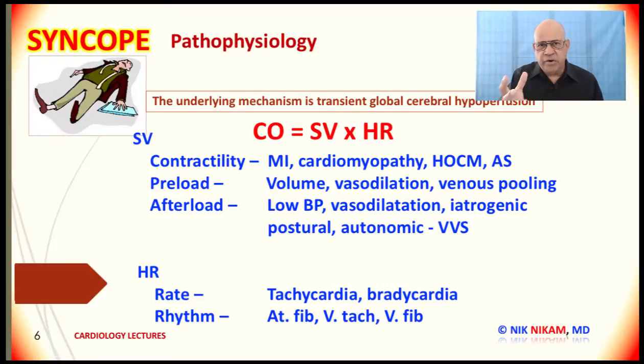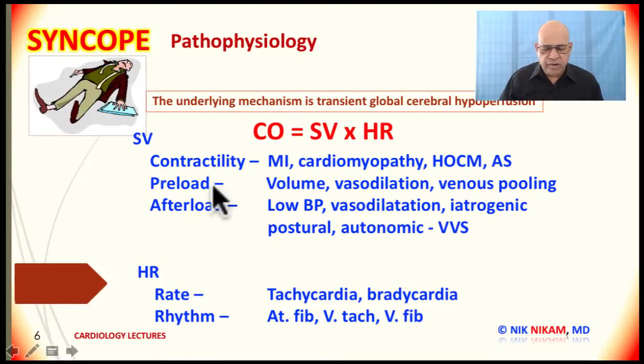It can be altered with structural abnormalities of the myocardium, such as myocardial infarction, cardiomyopathies, or it could be also altered by significant obstruction to the flow of blood, such as aortic stenosis, mitral stenosis. But that's only one part of the story. The stroke volume is also dependent on the preload, that is the amount of blood coming into the heart, and the afterload, the resistance against which the heart has to pump.